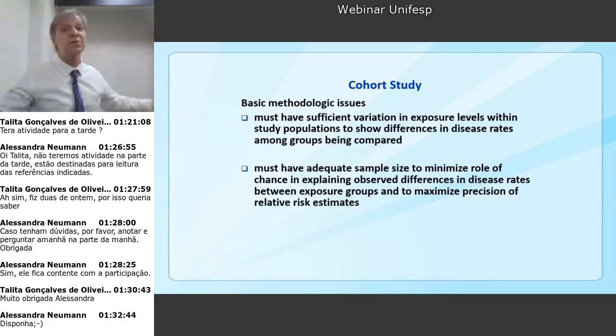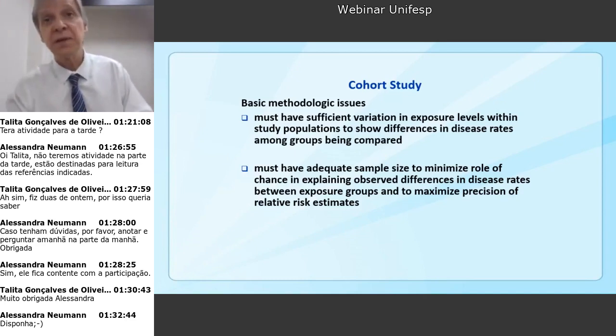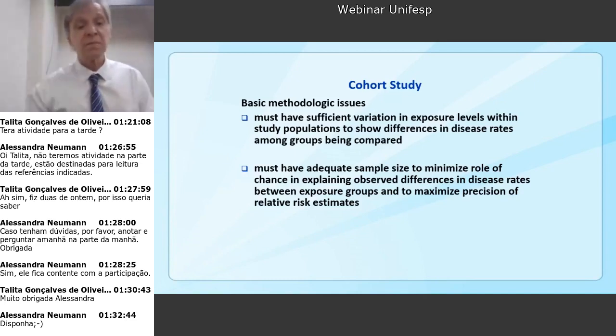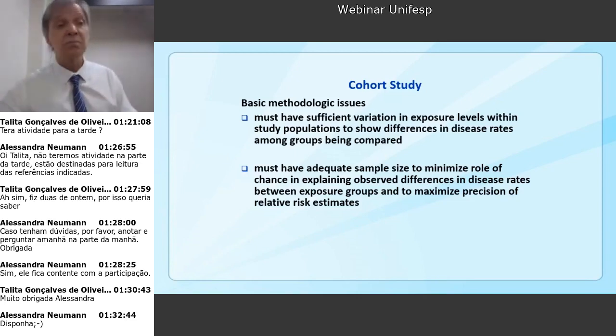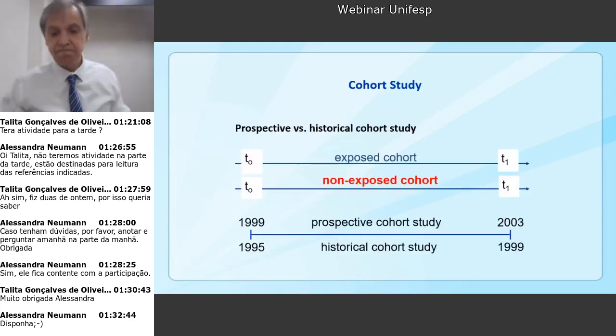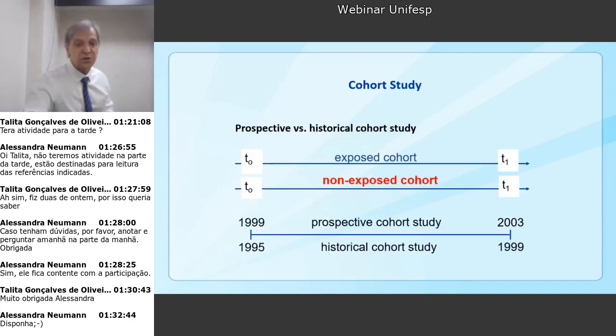Your confidence interval includes the null hypothesis of no relationship, which you're going to see later on is the relative risk of 1, or incidence rate ratio 1, or odds ratio 1. If the confidence interval includes that, you got nothing there. So power is important. The idea of the prospective versus historical cohort, you can revisit that at some point.